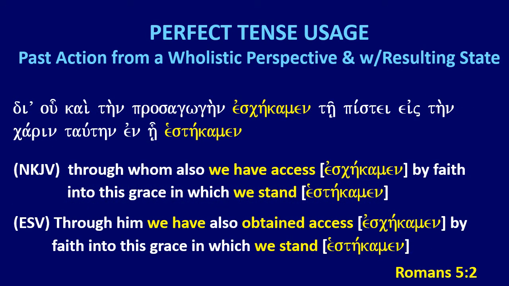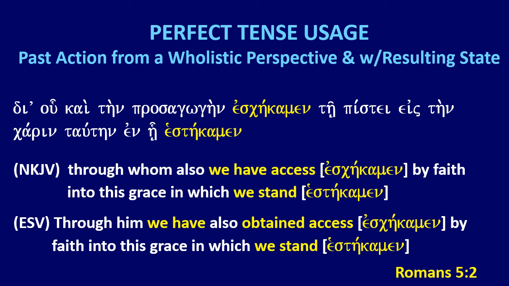So I just wanted to give you a couple of examples where the perfect tense form is used, but it's clearly not emphasizing present results or state or ongoing significance or relevance. It's just simply viewing an action in the past as complete, almost again like the aorist.